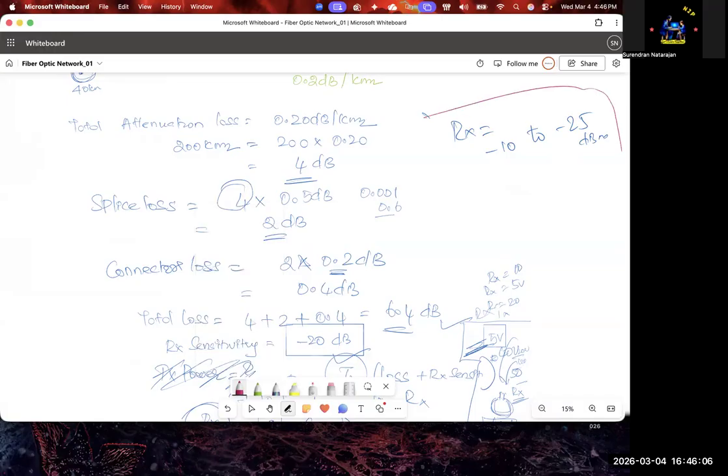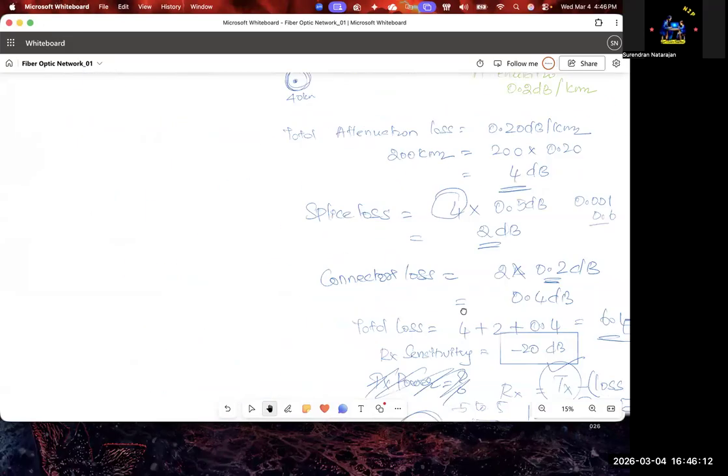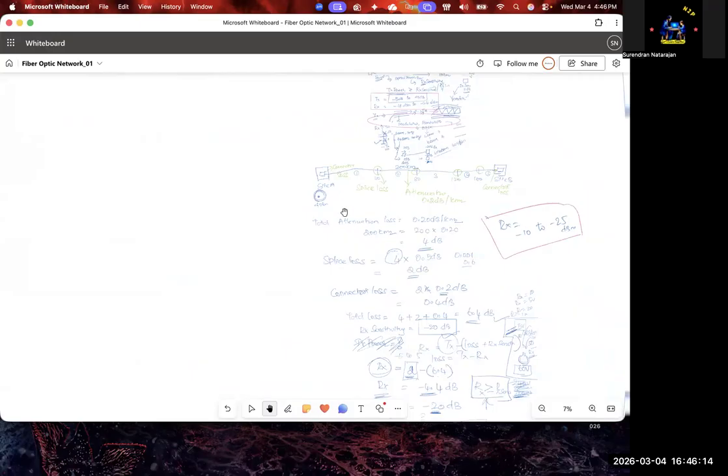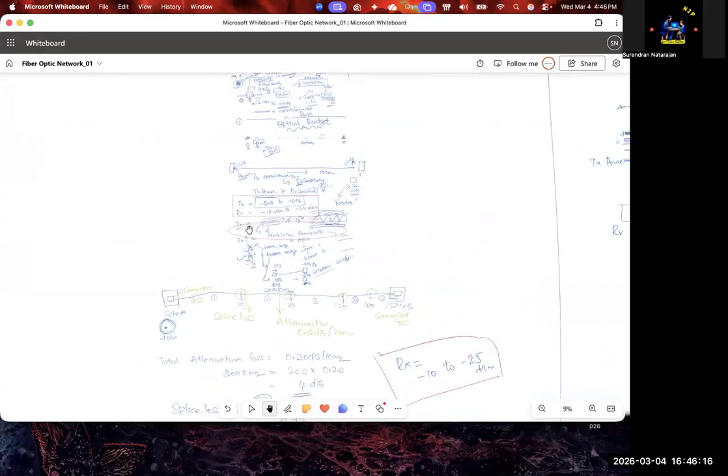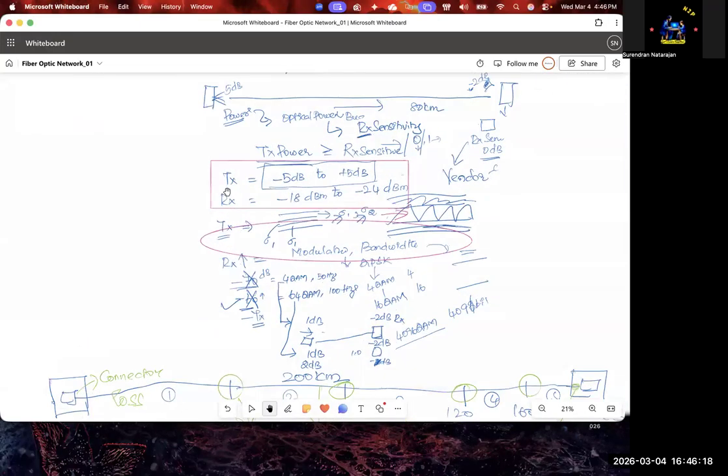Is it RX sensitivity or RX value? RX value. The one above, what you have given, is it RX sensitivity? No, RX value. RX sensitivity we gave yesterday. Yes, this one I will change, one second.